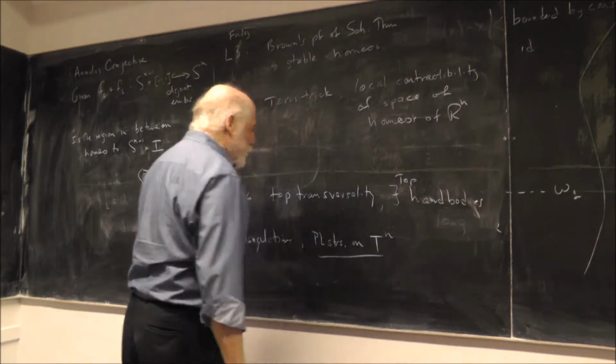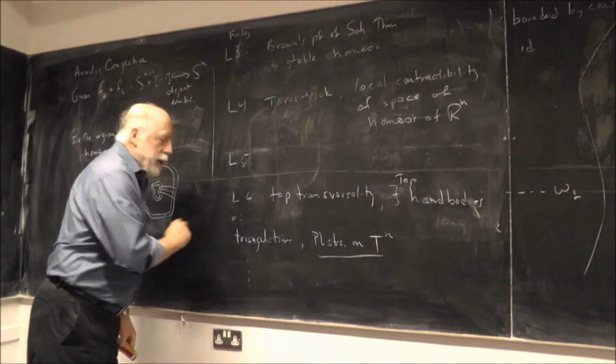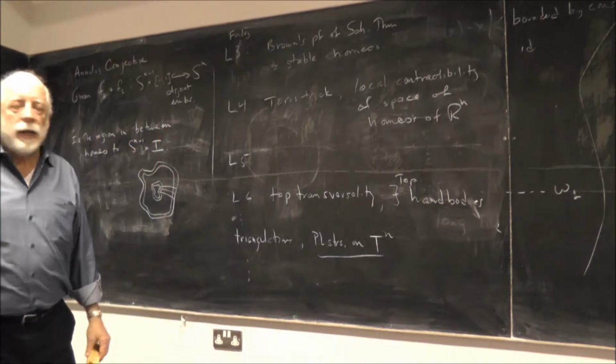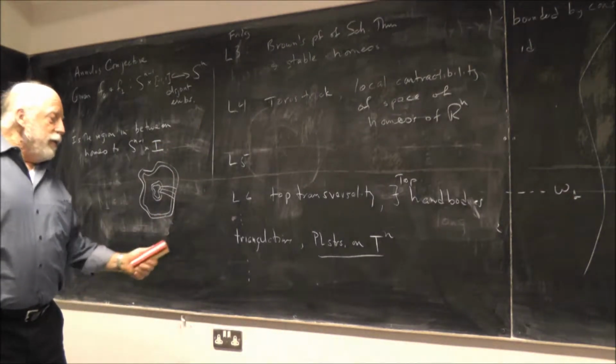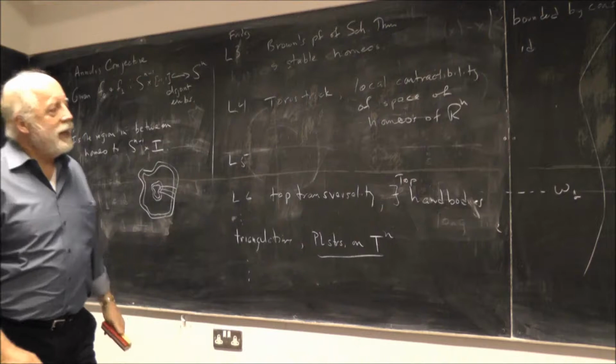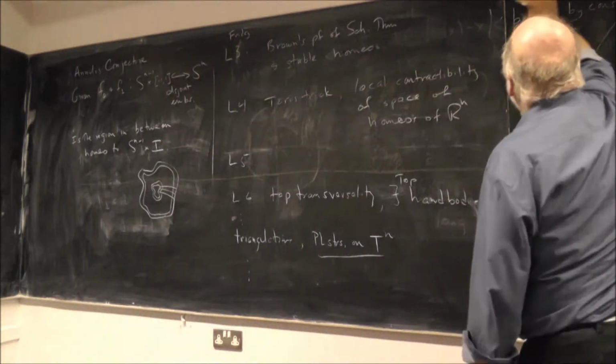That's where the surgery comes in, Wall's non-simply connected surgery. And we go on from there to finish up. But that's the order. So as I say, you do have to be interested in this, but if you are, then it should stay fairly elementary for quite a while.